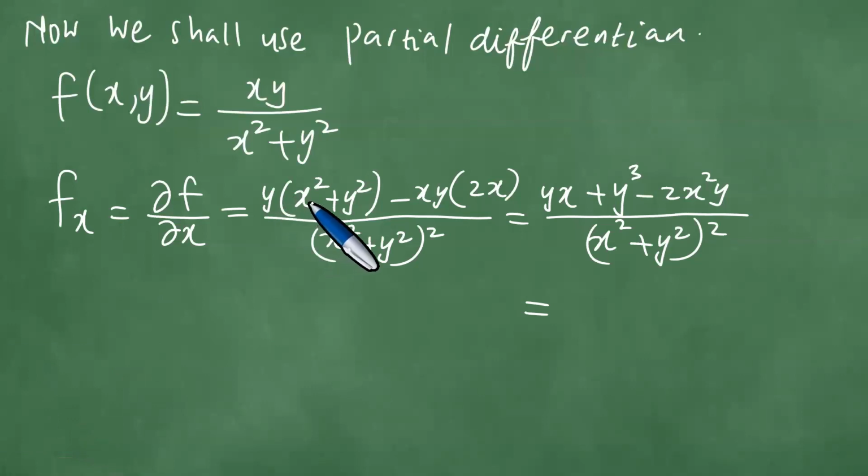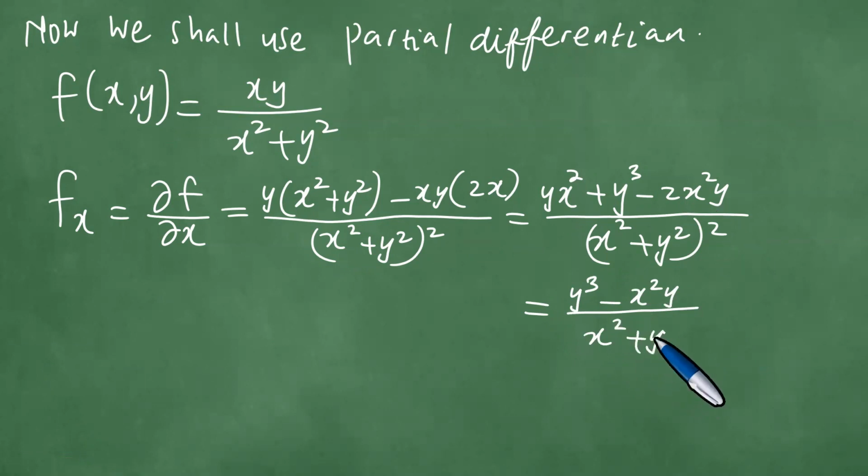Because you multiply y and x squared, what you get is yx squared. So we have yx squared plus y cubed, and minus 2x squared y. So this becomes y cubed minus x squared y, divided by x squared plus y squared, squared.